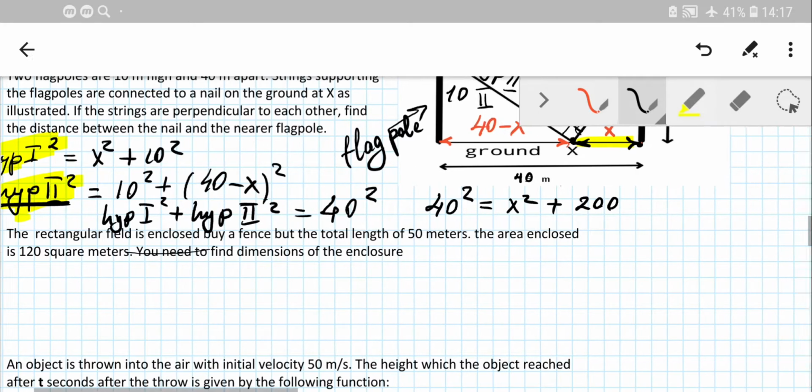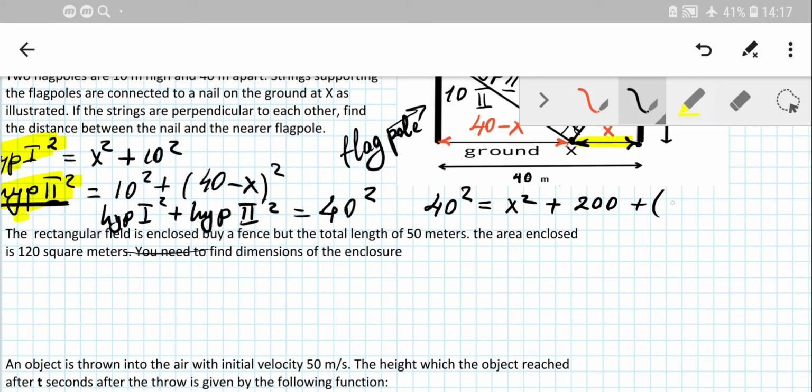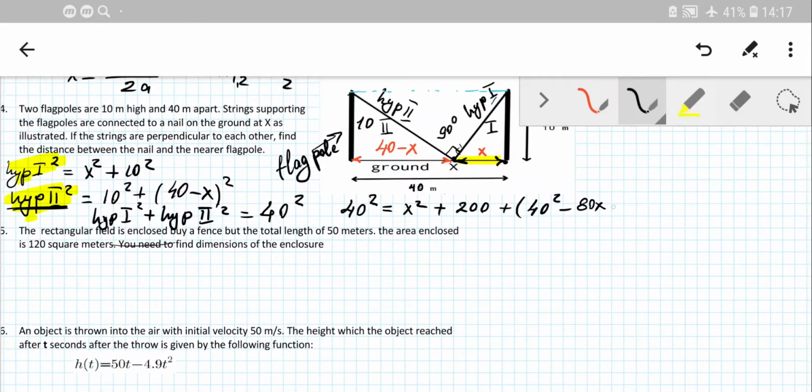So (40 minus x) squared, I'll get 40 squared minus 2 times 40, that's 80x. I use the formula, the shortcut, so make sure you understand how it works. In the previous video I told you that (a minus b) squared is a squared minus 2ab plus b squared. And I use it there.